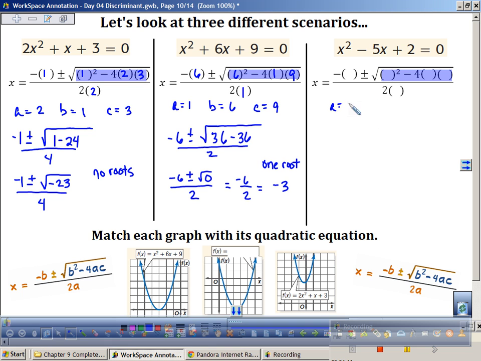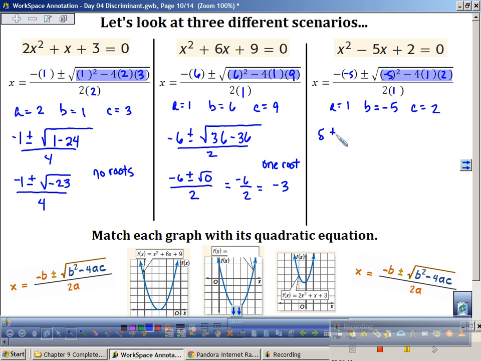A equals 1. B equals -5. C equals 2. Fill this in here, and I have a -5, and a -5, and a 1, and a 1, and a 2.